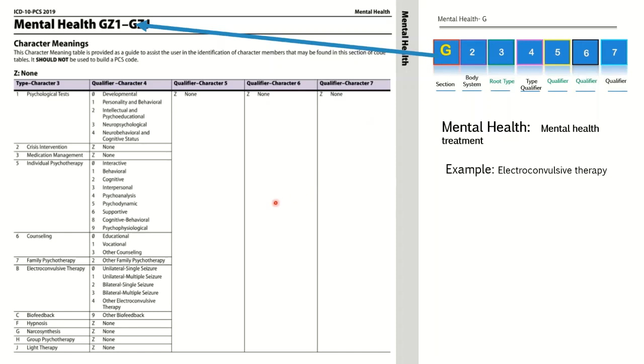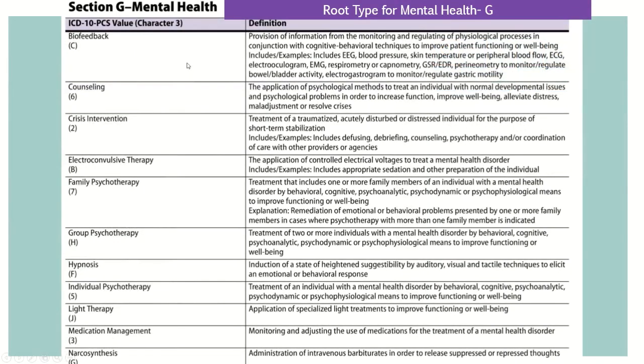So this is pretty straightforward. So let's take a look at our root types. These are common root types. I'm not going to read all of these for you because you know the majority of them. If you're a coder, biofeedback, you know what counseling is, crisis intervention, electroconvulsive therapy, family psychotherapy, group psychotherapy, hypnosis, individual psychotherapy, light therapy, medication management, narcosynthesis, and I think light therapy too.